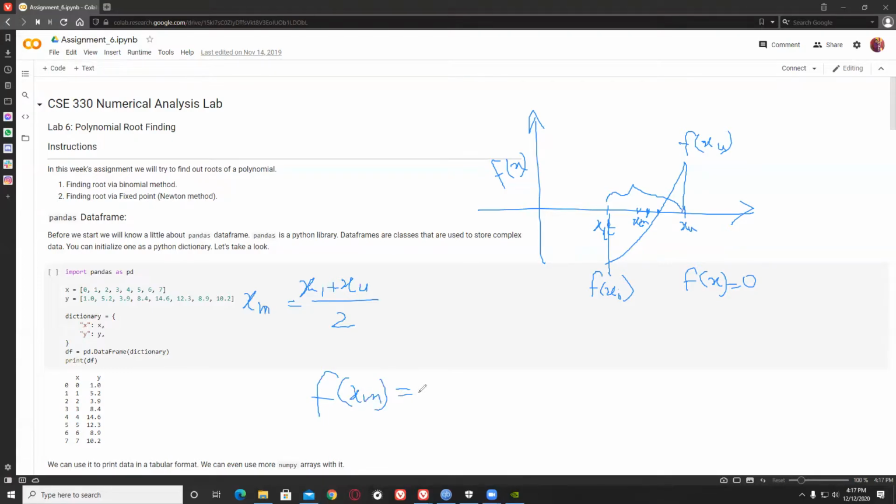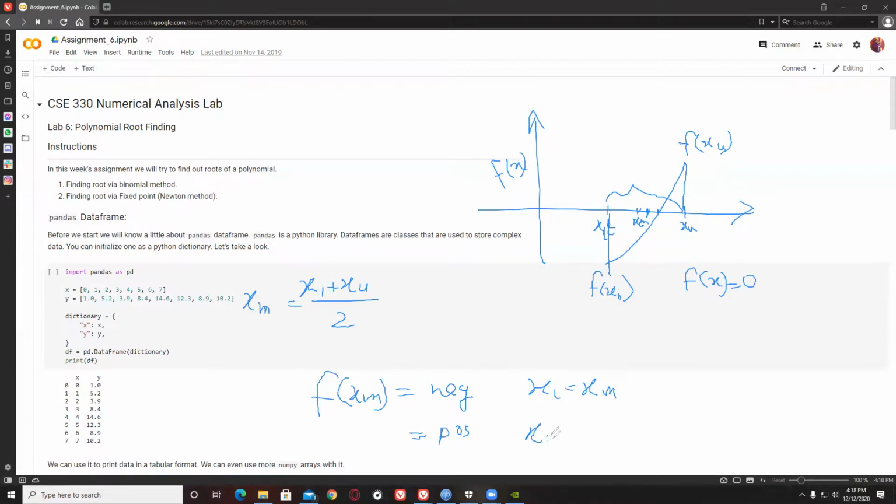And if we get a negative result, then we will change xl equal to xm. Whereas if we get a positive result, then the x which returns a positive result will be changed.